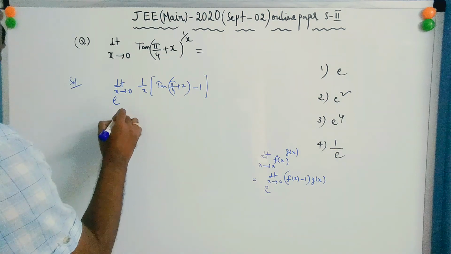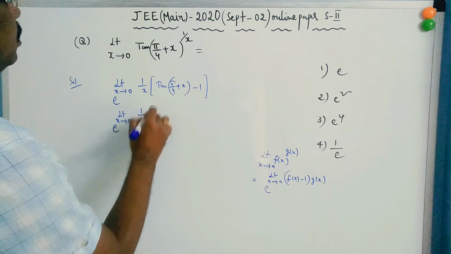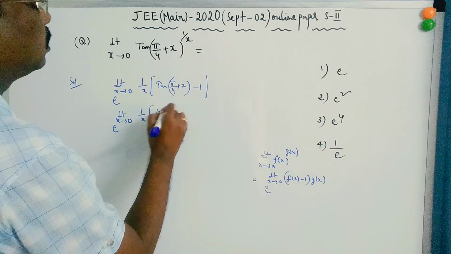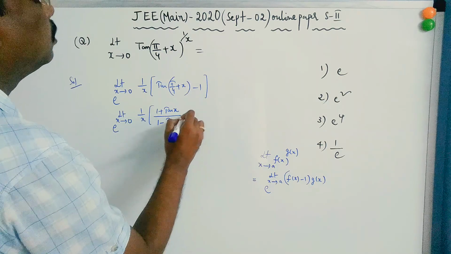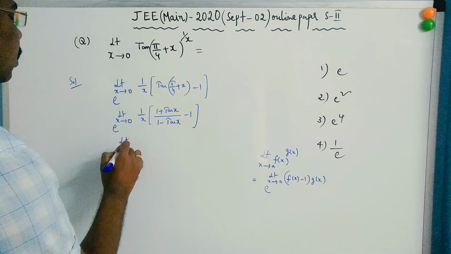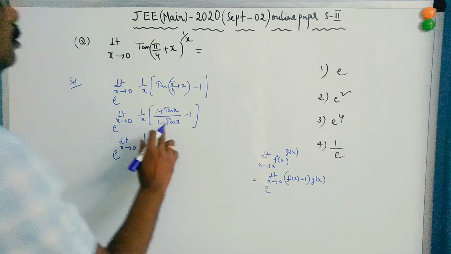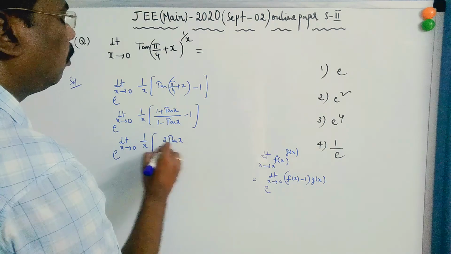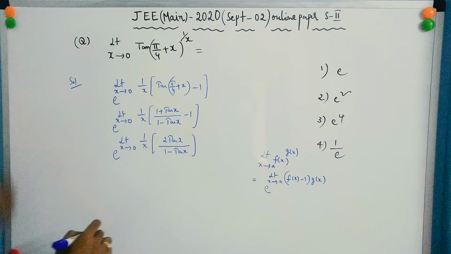Okay, now e power limit x tends to 0, 1 by x into, tan a plus b, 1 plus tan x by 1 minus tan x minus 1. Now e power limit x tends to 0, 1 by x into 2 tan x by 1 minus tan x.